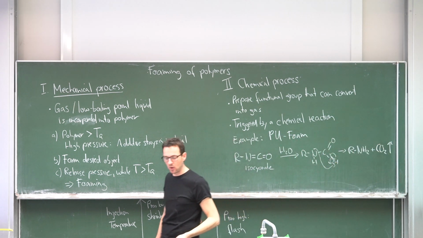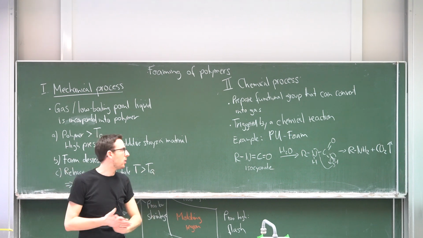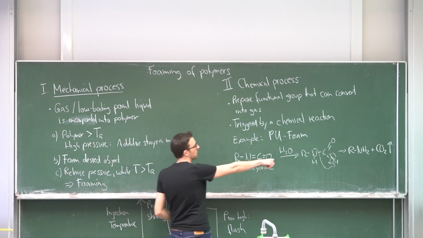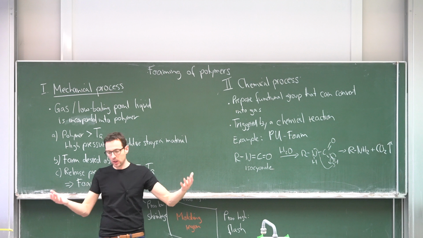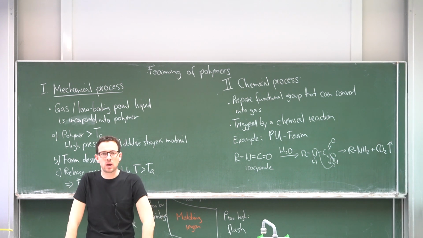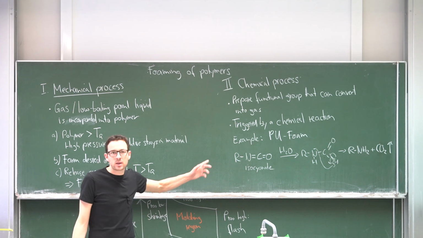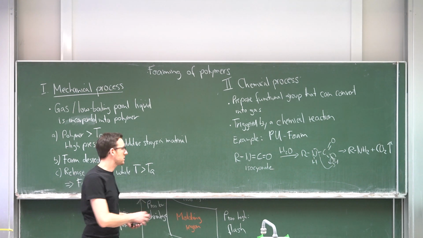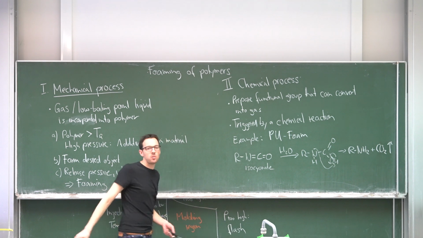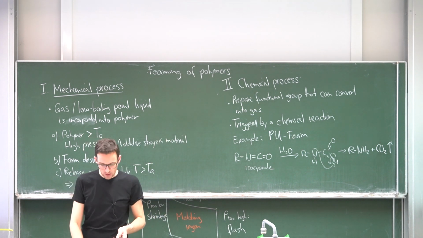And here we have our gas that will then form up our material once we insert traces of water in our extrusion process, or when we look at this construction foam, then it comes automatically from humidity. And this is often used to make matrices. Okay.